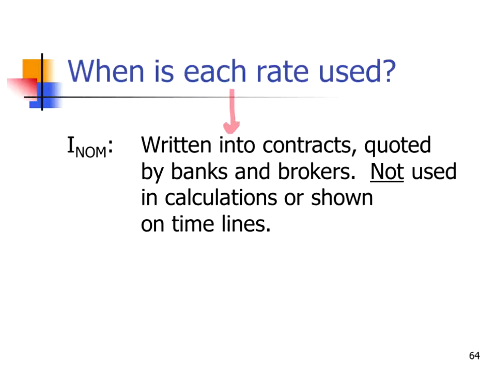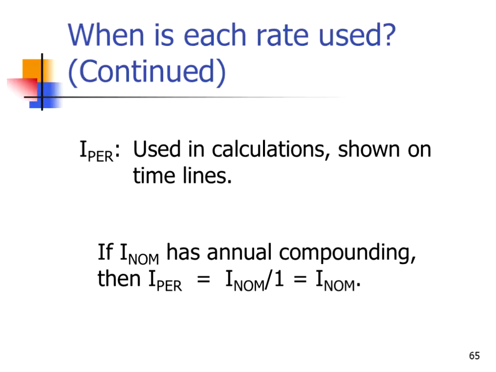So when is each rate used? The nominal rate is written into contracts and quoted by banks and brokers; it is not used in calculations or shown on timelines. Why? We've seen that it's going to give you a wrong answer. You have to take into account the number of times interest is paid during the year. The periodic interest rate, I-periodic, is used in calculations and shown on timelines.